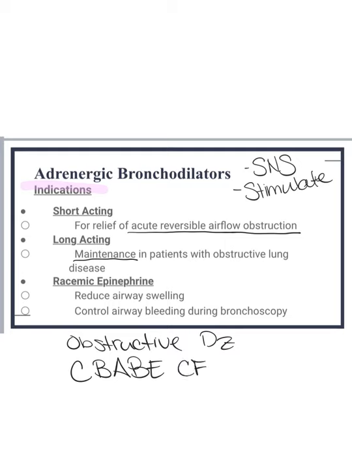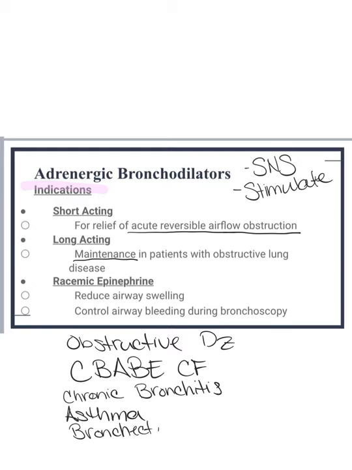So you have chronic bronchitis, asthma, bronchiectasis, emphysema, and cystic fibrosis are all obstructive diseases.